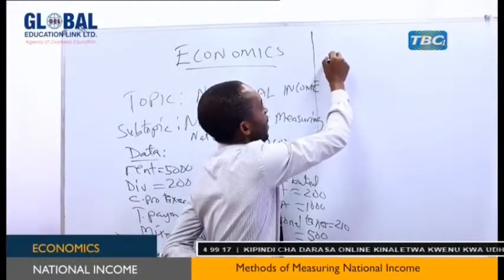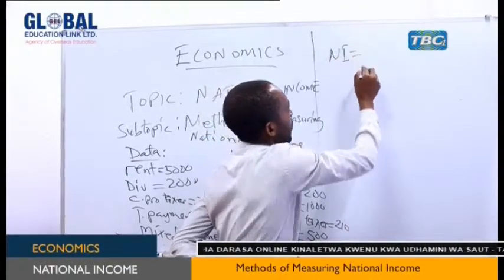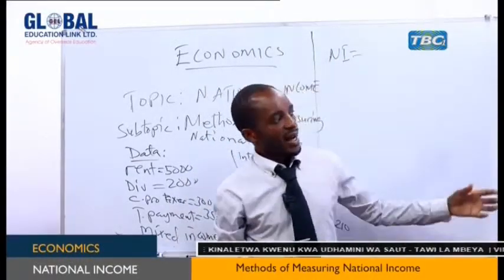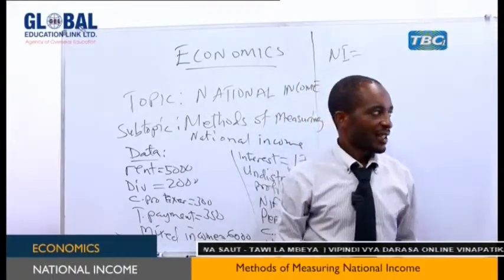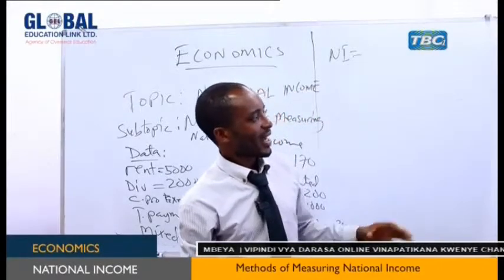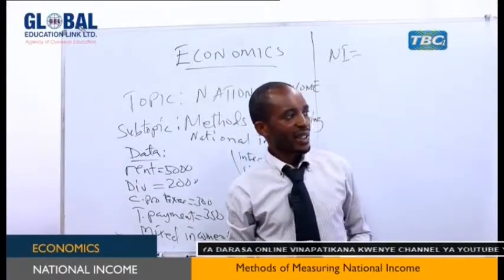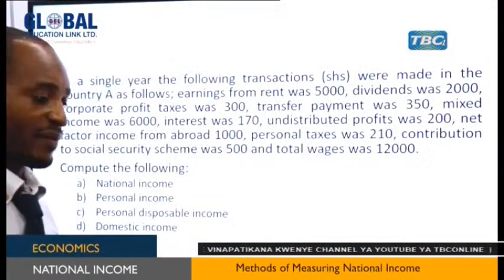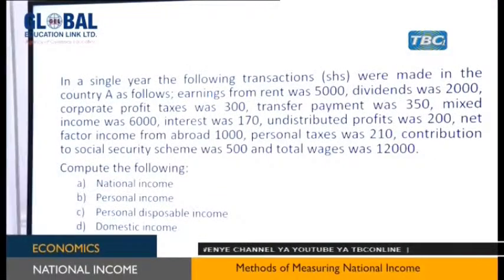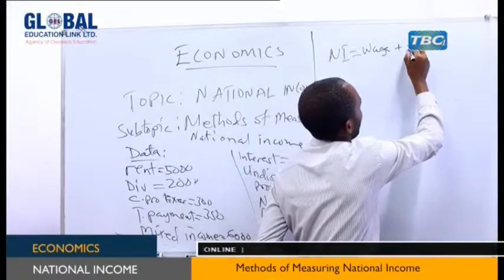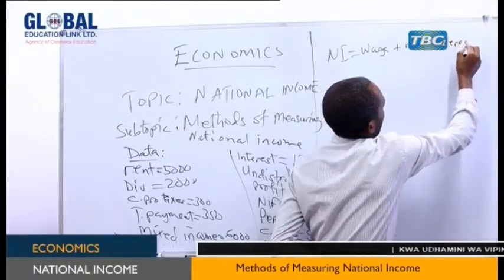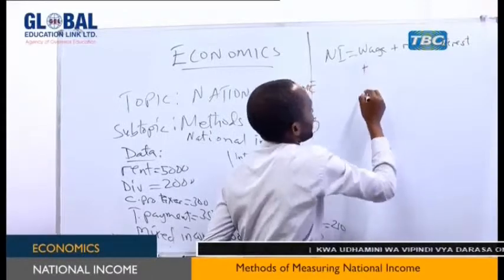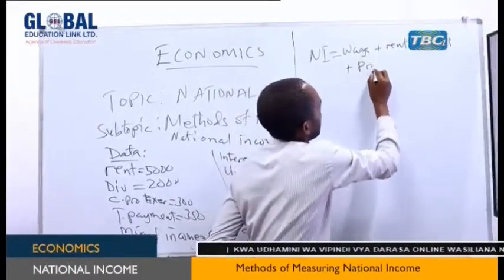National income, since here we are given the income received by factors of production, will be the sum of all incomes which the factors of production receive in the economy, which is wage plus rent plus interest plus profit.